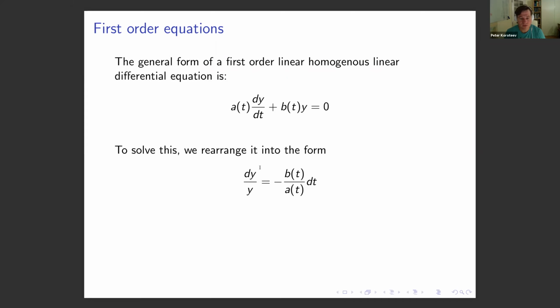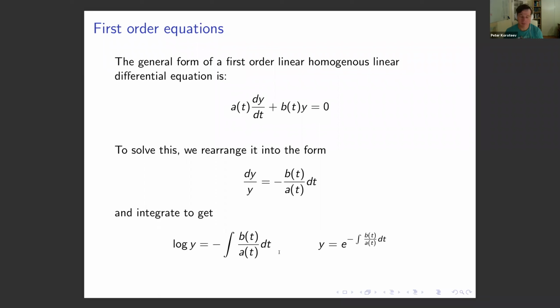To solve it, we simply need to rearrange this into this form, right? I'm sure you're familiar with this gymnastics of differentials. You can write this as dy divided by y is equal to negative b of t divided by a of t times dt, and then you integrate. On the left we have log y, and on the right we have this integral, which is whatever it is.